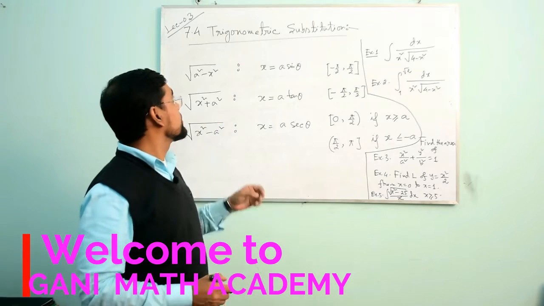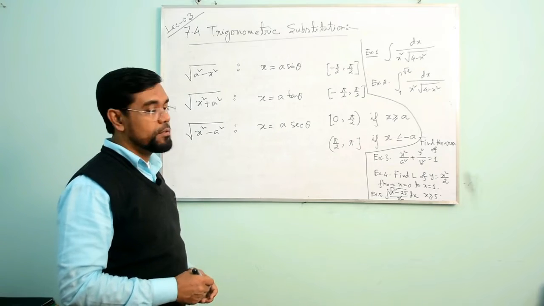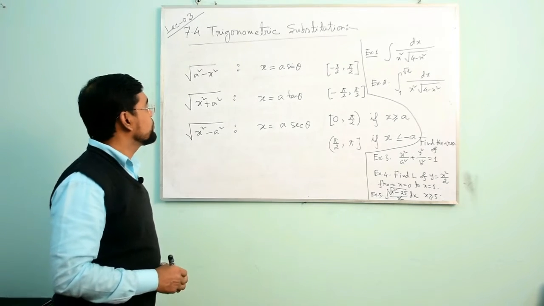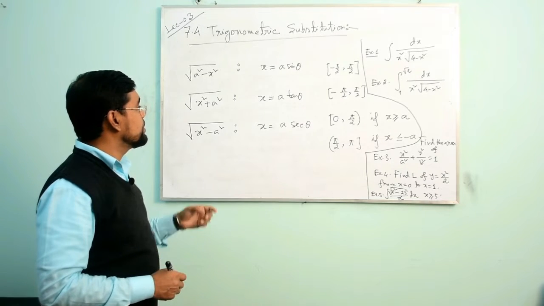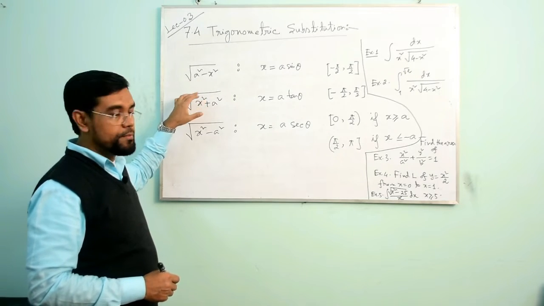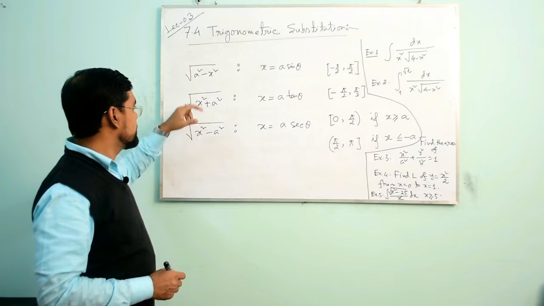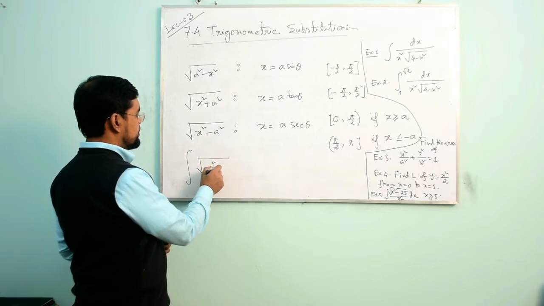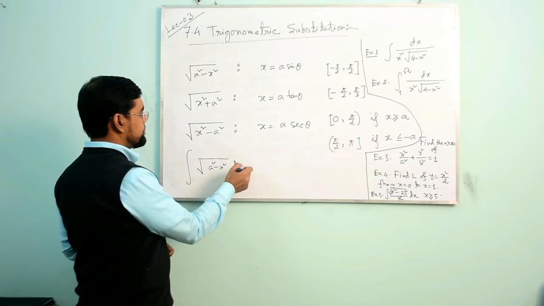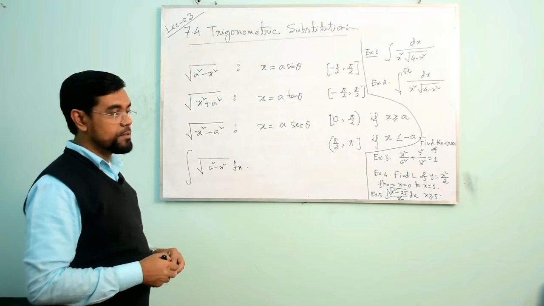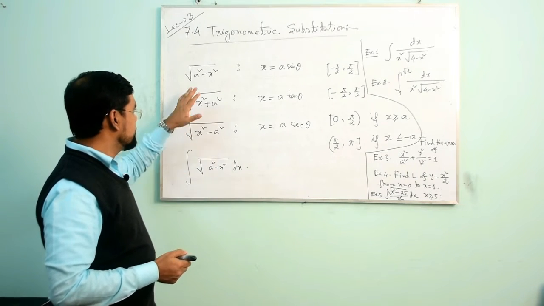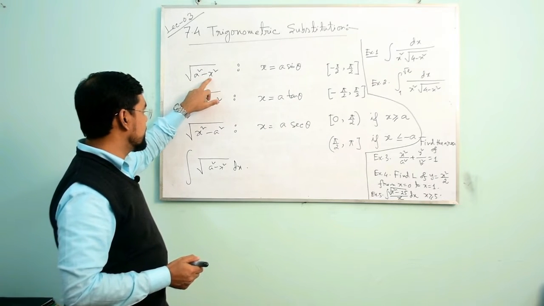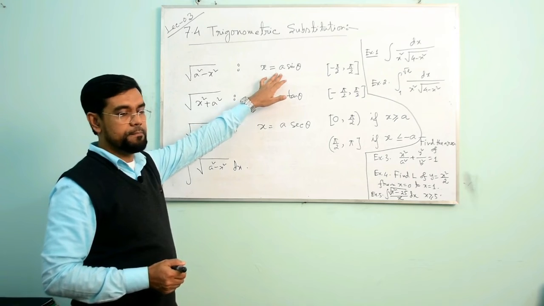The topic of this lecture will be trigonometric substitutions. Here we want to see how we can integrate expressions involving these types of radicals. For example, if your integral involves a radical of the form square root of a square minus x square, you need to substitute x by a sin theta.